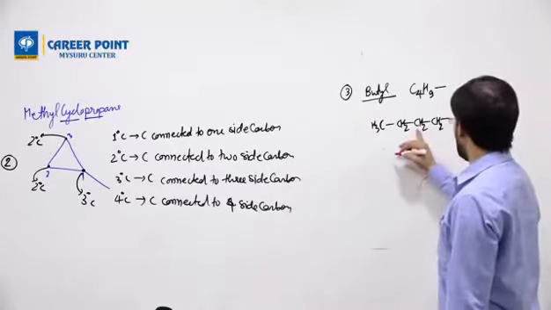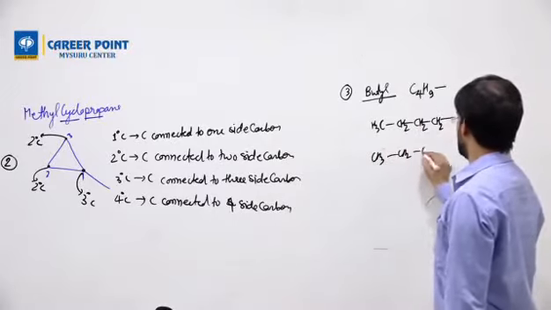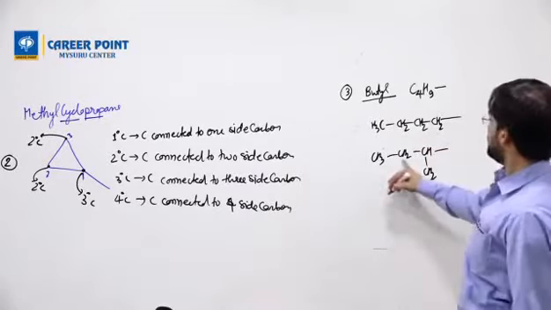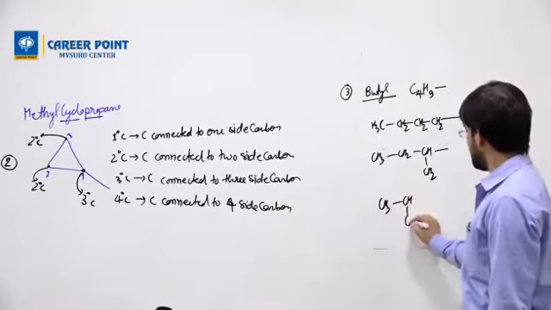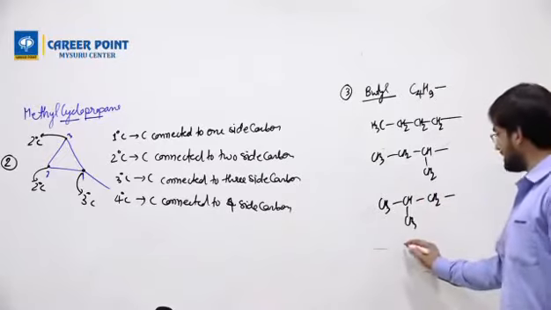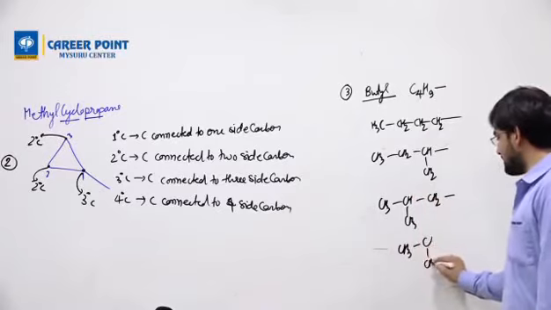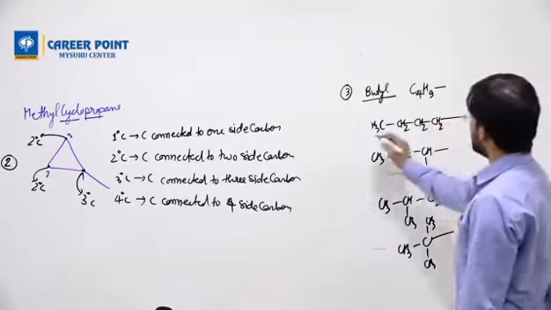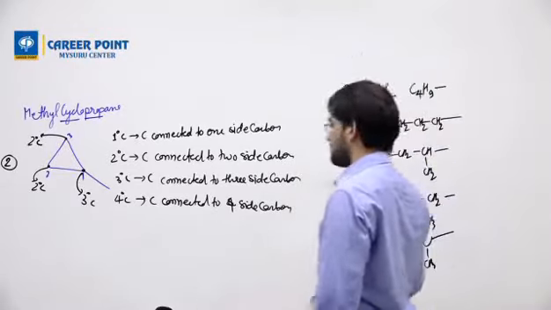Or create the open valency here, then it will become CH3, CH2, CH, CH2 open valency. Or if you do it here, it will be the same. But the next one is CH, CH3, CH2 open valency. Or you can create an open valency at this carbon: CH3, CH3, CH3 and open valency. So there are total 1, 2, 3, 4. We get 4 butyl groups.